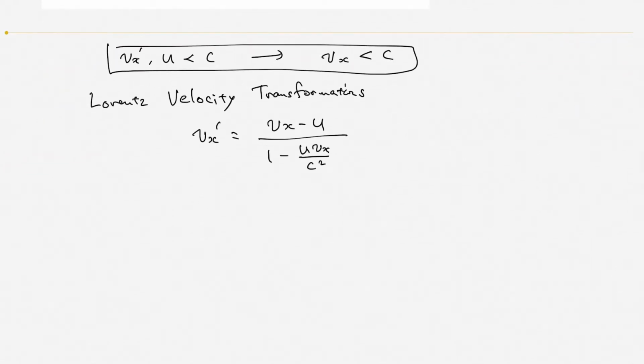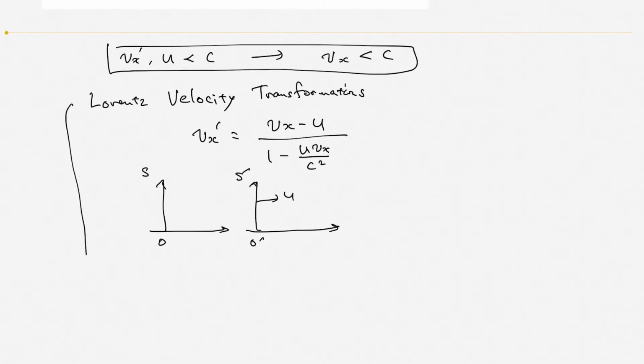So in these frames, we have the S frame, and the S dash frame is moving with respect to the S frame with a velocity of u. So this is the Lorentz transformation.